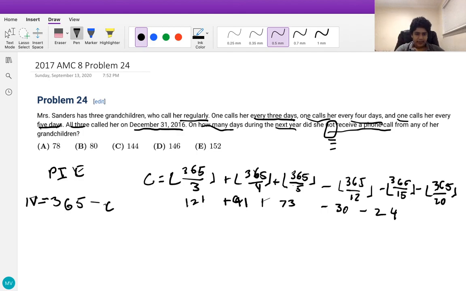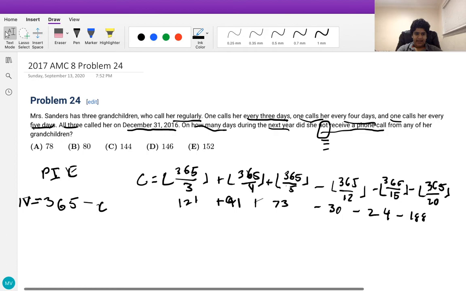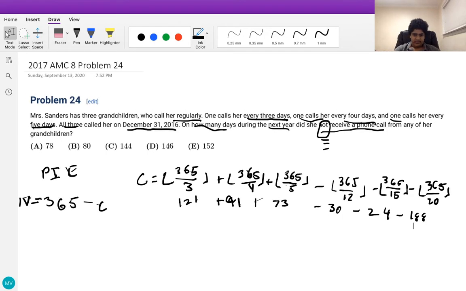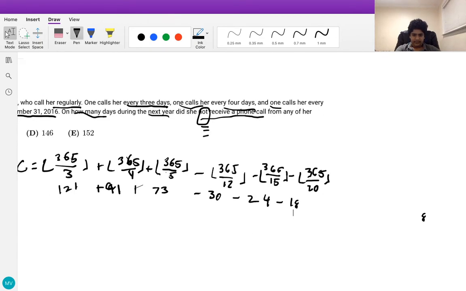And the final step of the principle of inclusion-exclusion is adding back the number of days where all three events happen.